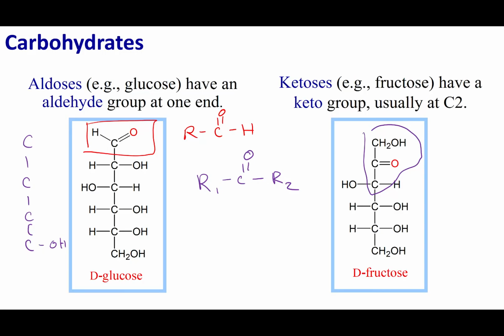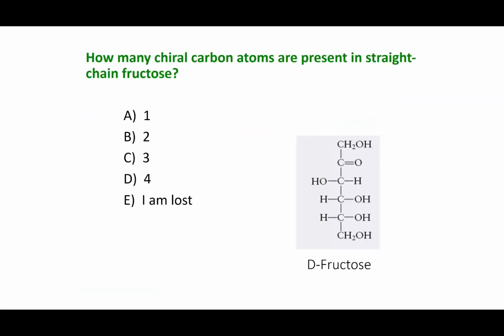But right now, what I want you to do is be able to tell me if carbons are chiral or not. This is going to be important later down in organic chemistry. To do this, let's start with an i-clicker question. Look at fructose right here, which is considered a monosaccharide, and tell me how many chiral carbons this has.